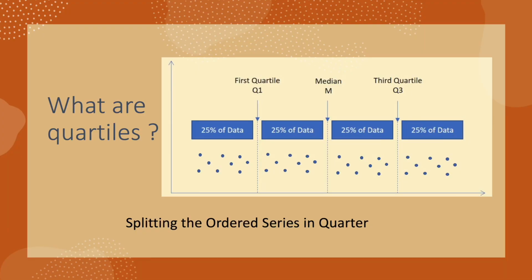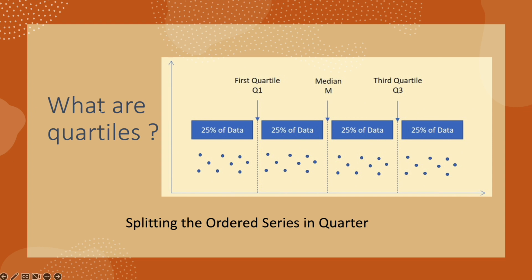What are quartiles? The word quartiles came from quarter or 1/4, right? So it essentially means the same thing. If you are bucketing the data of a data series into quarters, that's what the quartiles represent.